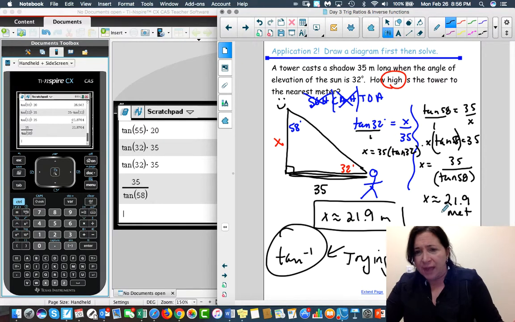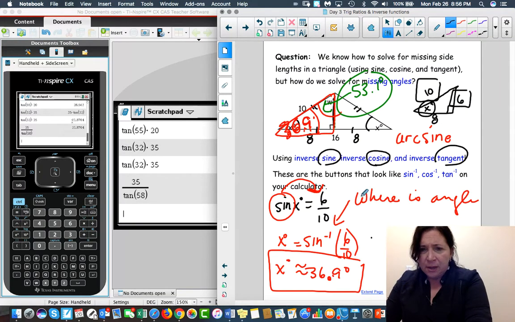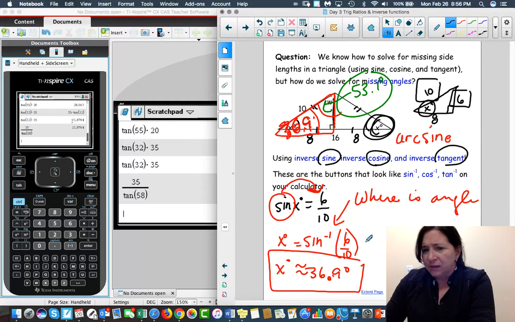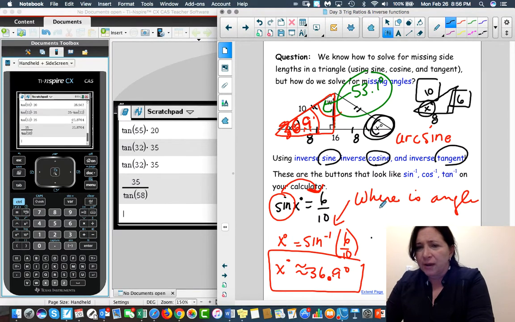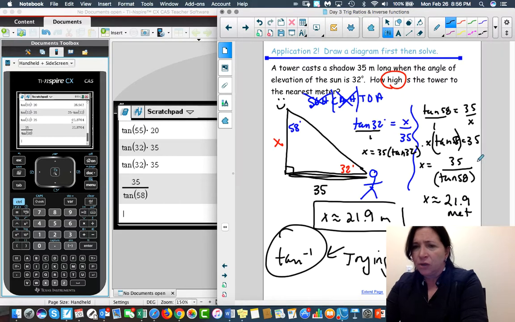So you notice that I'm not using arc tangent, arc sine, or arc cosine because I'm not trying to find the angles. I already have the angles. Whereas in this one, I didn't know what the angle was, so I used arc sine to find the angle. So it's just a thought. When you're trying to find an angle, you have to use the arc sine, arc cosine, or arc tangent, okay? Use one or the other.